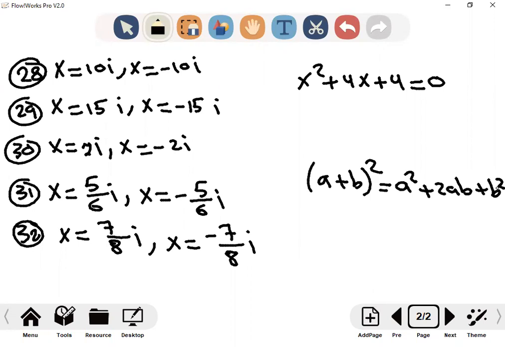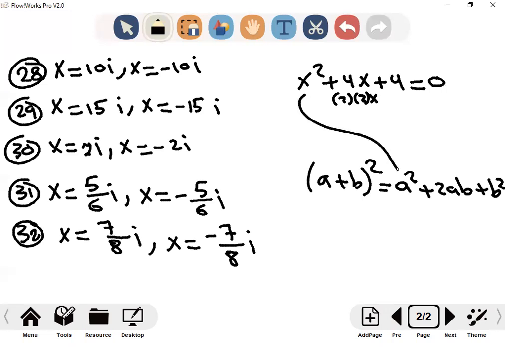Because the book used it. Look, x power 2 is a power 2. In 4x, I will make it 2 times x, which is 2ab.